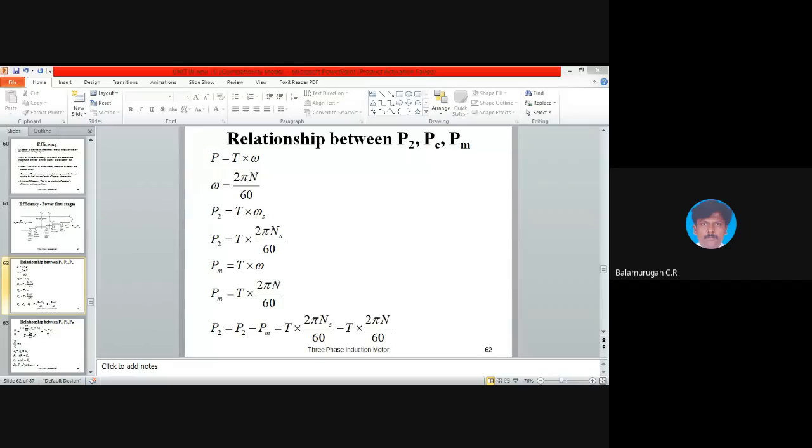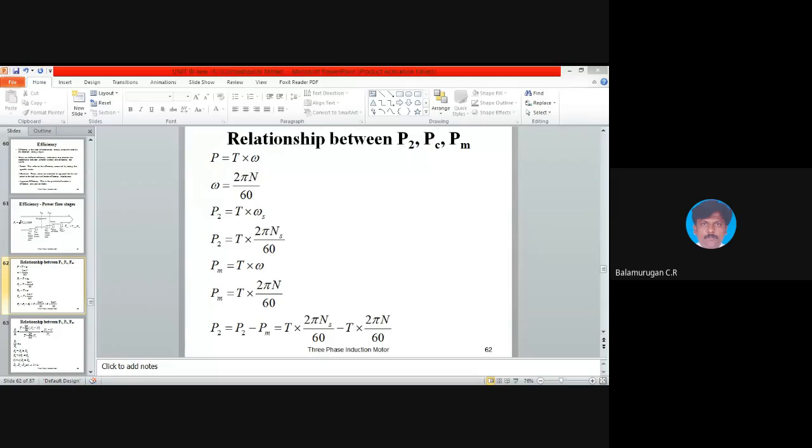Next, define all day efficiency of the transformer. You know the efficiency notation: efficiency equals output divided by input. Here you have to write output for 24 hours divided by input for 24 hours into 100. You must mention 100.